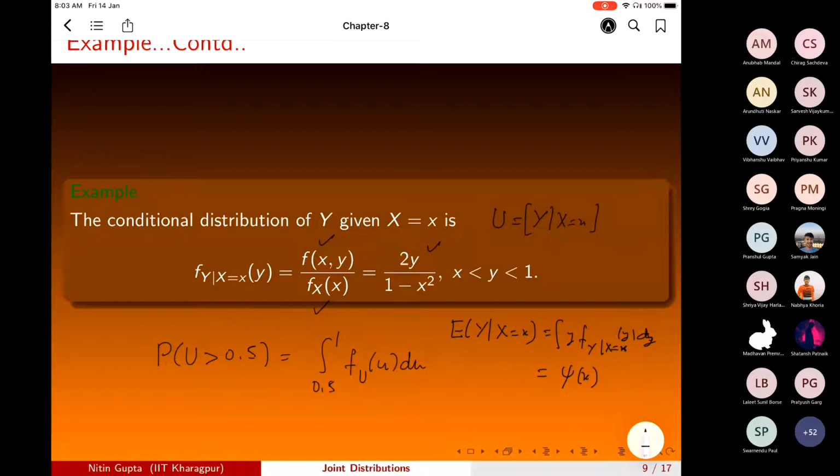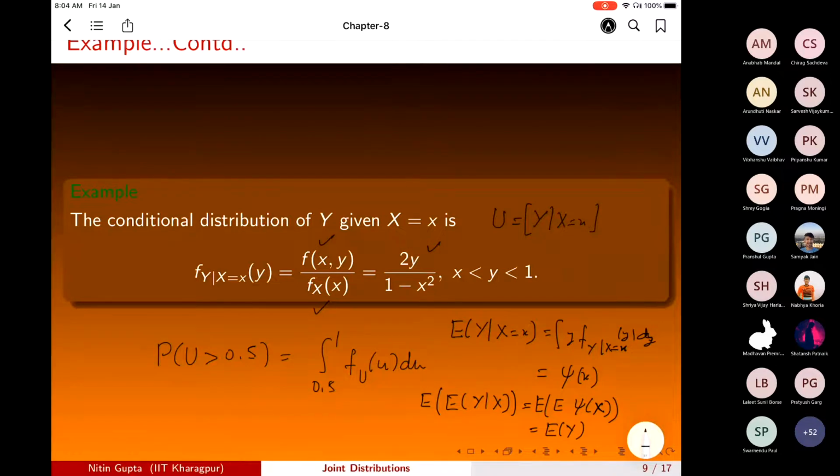Okay, so now if we replace this small x by the random variable x, then that means this is nothing but the expected value of psi of x, replacing this small x by capital random variable X. And if we take the expectation here, the expectation will be over this, then this will come out as the expected value of y basically.